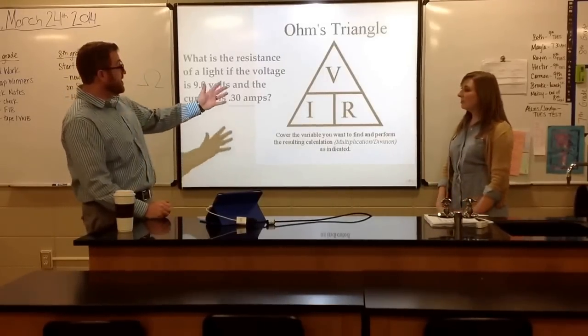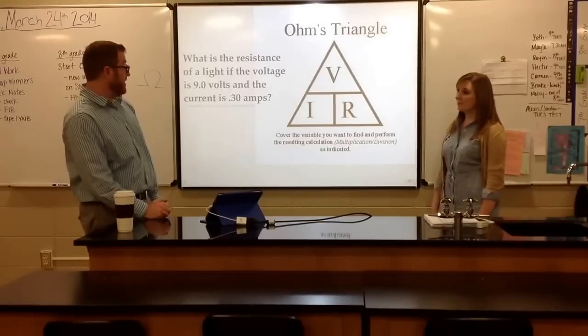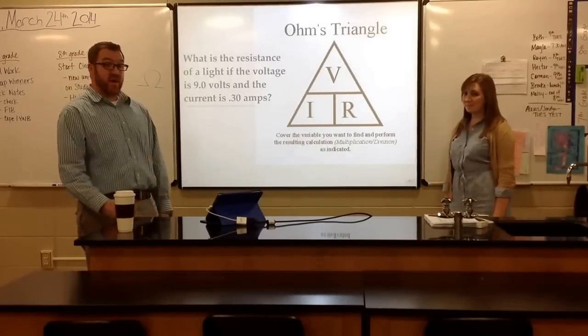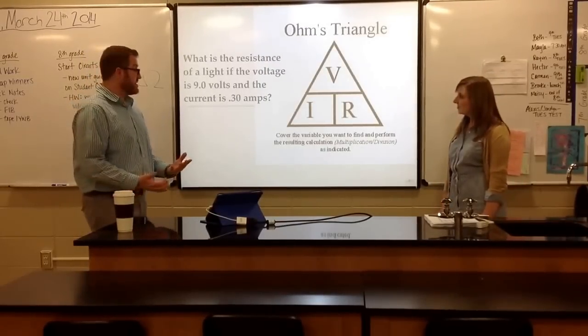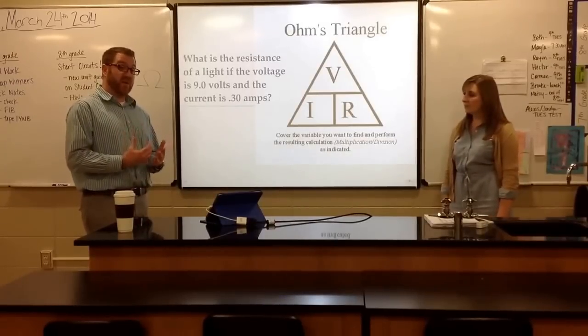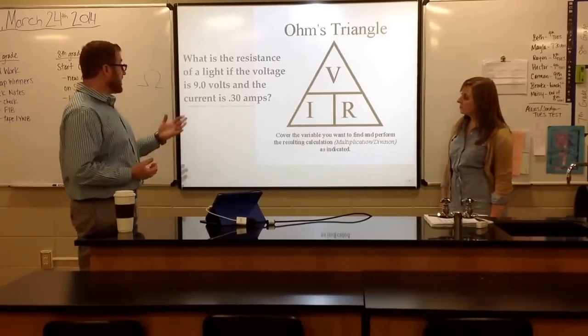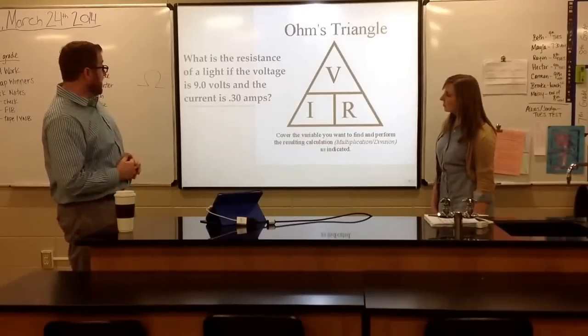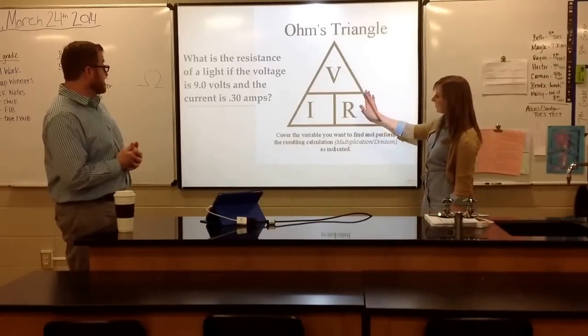So, if we want to use this Ohm's law triangle, it's pretty slick. All you really have to do is cover up the part of the equation that you don't know. So if we're looking at our set of information here, the part that we don't know is the resistance.